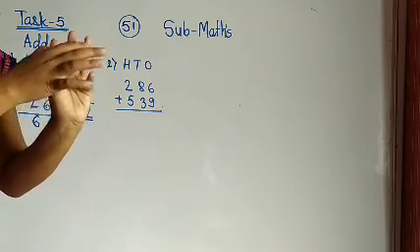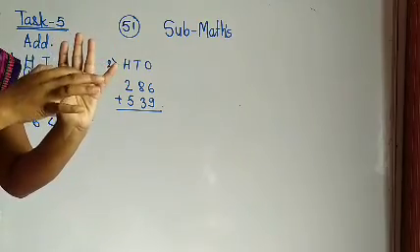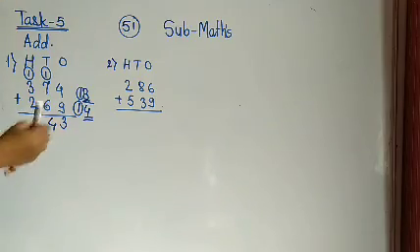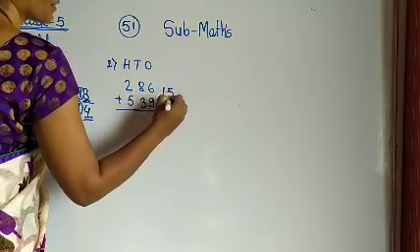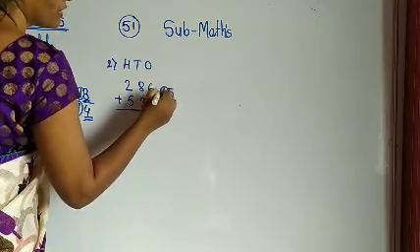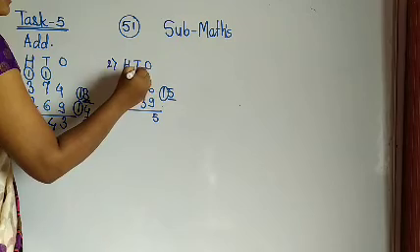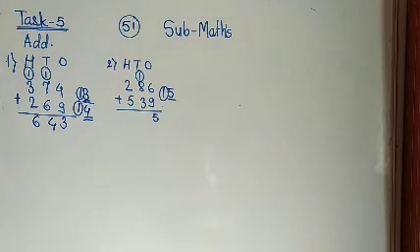These are the 9 parts. So 6 plus 9 is 15. In 15, 5 is downside and 1 will be carry forward. Here is the carry forward.